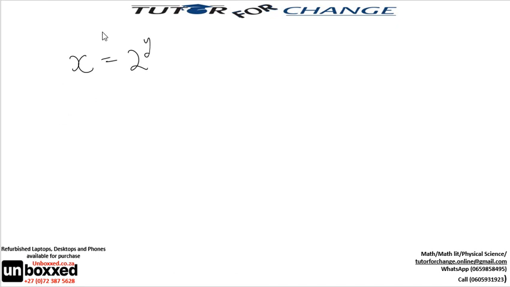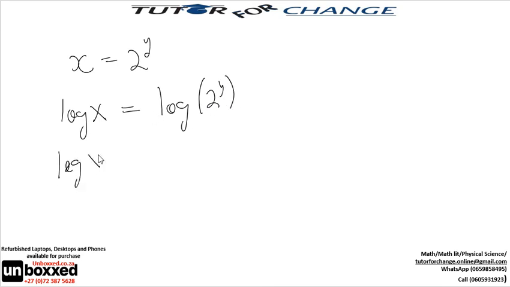So the next stage here is that we say log of x. The purpose of introducing a log is that we want to drop this y, to bring it down in front of the log so that we can solve it. Then we have log multiplying y, then it is easy to solve the equation.